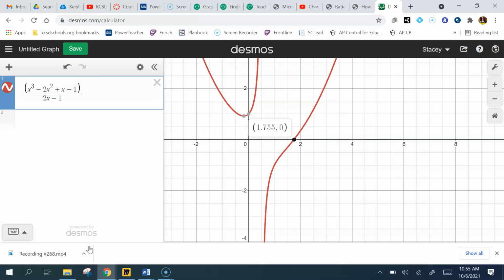You would set the top to 0. Right now, unless you did PRZs, you don't really have enough tools in your toolbox to solve that algebraically. Top to 0 is your x-intercept. Bottom to 0 are your vertical asymptotes unless there are holes.